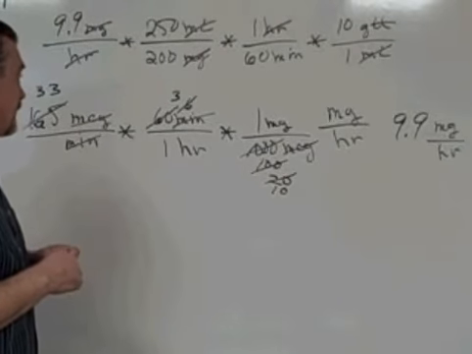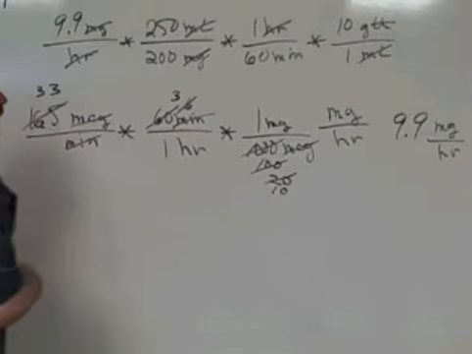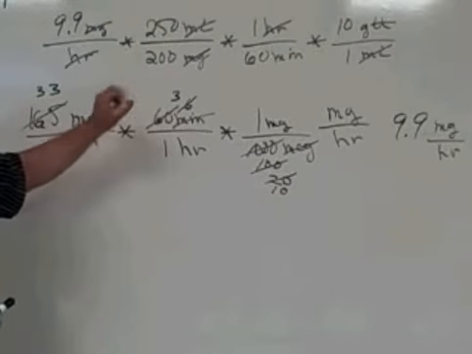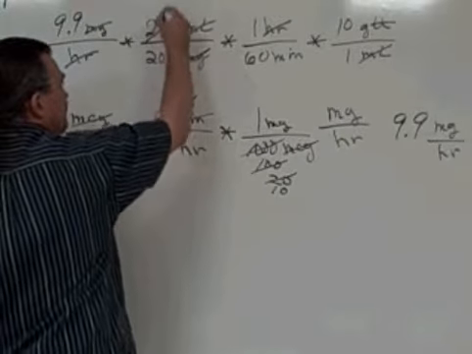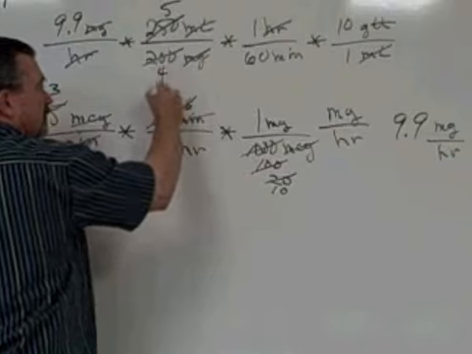Well, what can we cancel here? 250 and 200, they're both divisible by a number of different values. Can we see that they're both divisible by 50? 50 would go into 250 5 times, and 50 would go into 200 4 times.